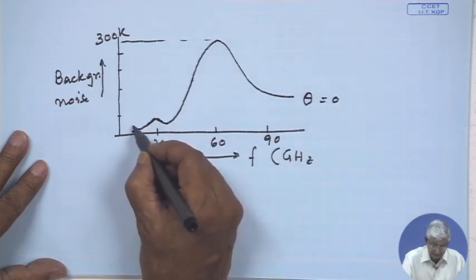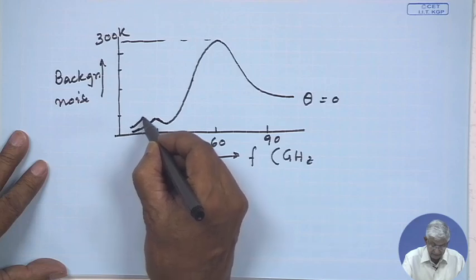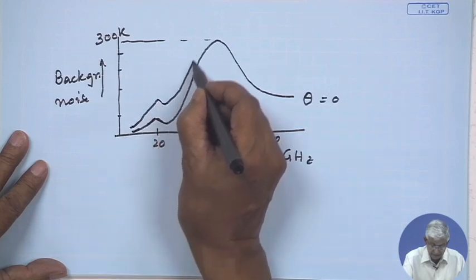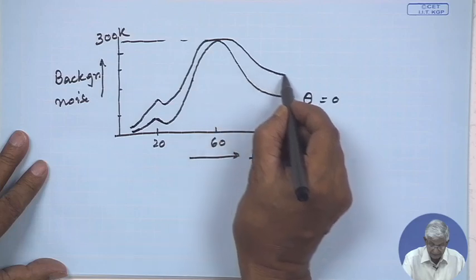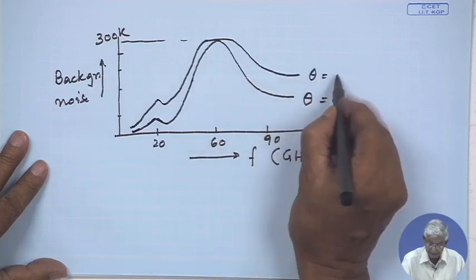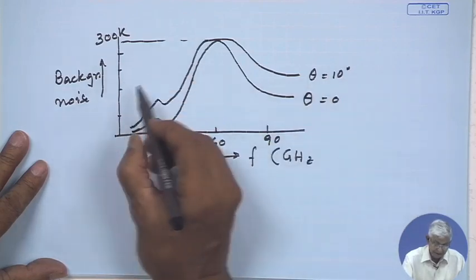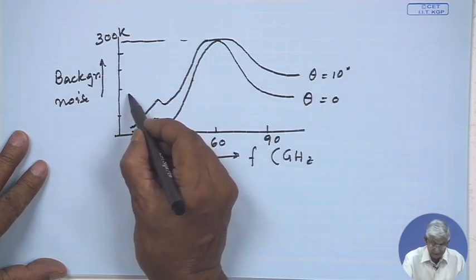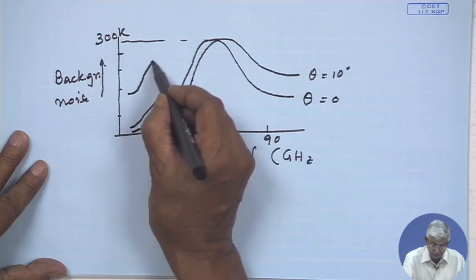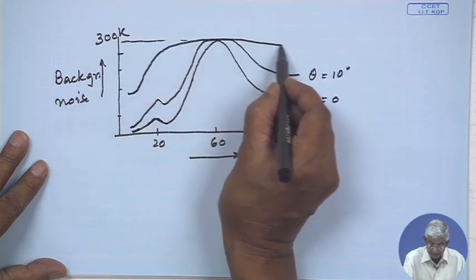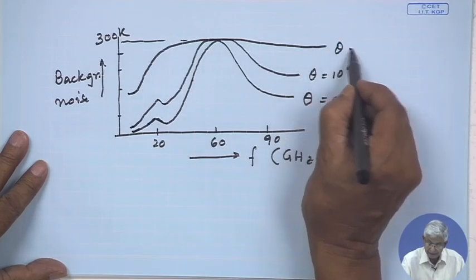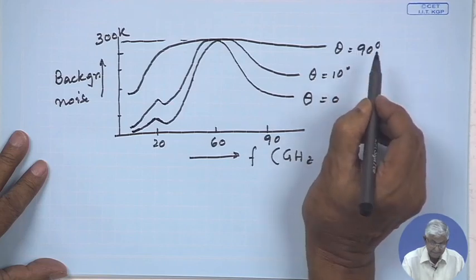and at a little higher theta, it is like this. Let us say theta is equal to 10 degrees. At much higher theta, let us say vertically above, it is like this, theta equals 90 degrees.